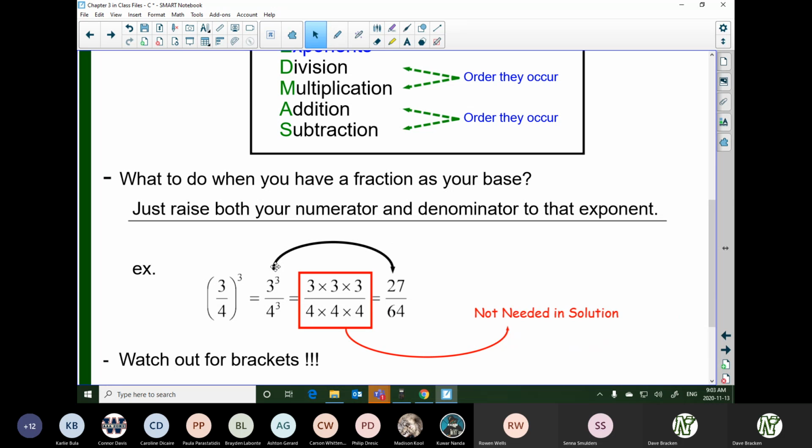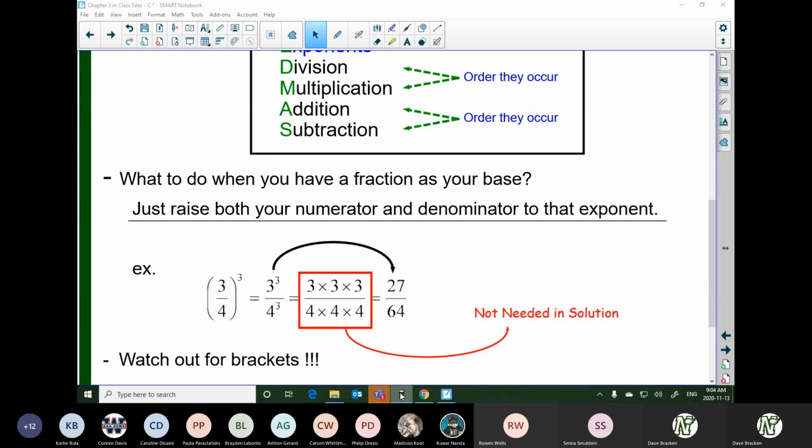You can go right from here to your final answer just using your calculator, okay? Is everybody okay with that? Give you a second to copy that out, and then I want to show you something here.